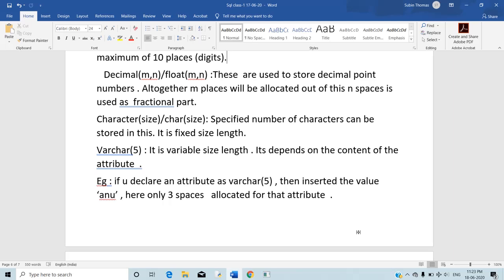DCL, data control language, we didn't study, but TCL we studied here. Commit and rollback are all TCL commands, that means transaction control language. So these commands we can study in the next class.